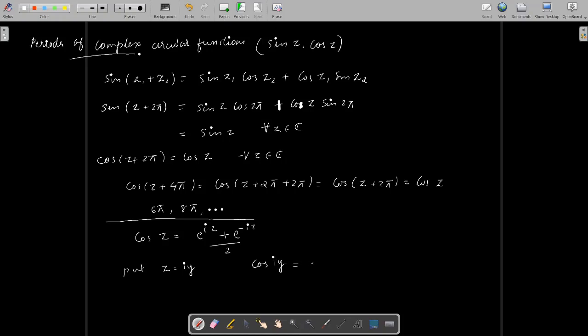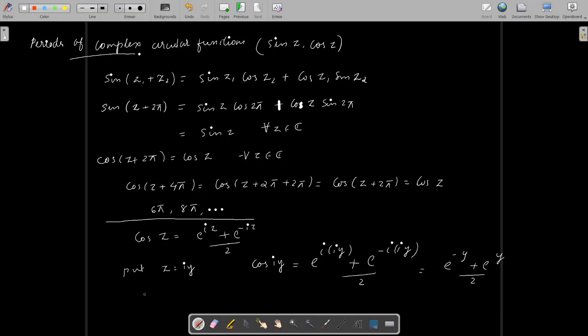This will be equal to e raised to i times iy plus e to the power minus i times iy, all divided by 2. This gives e raised to minus y plus e raised to y, because i squared is minus 1, divided by 2. So this is an interesting fact.